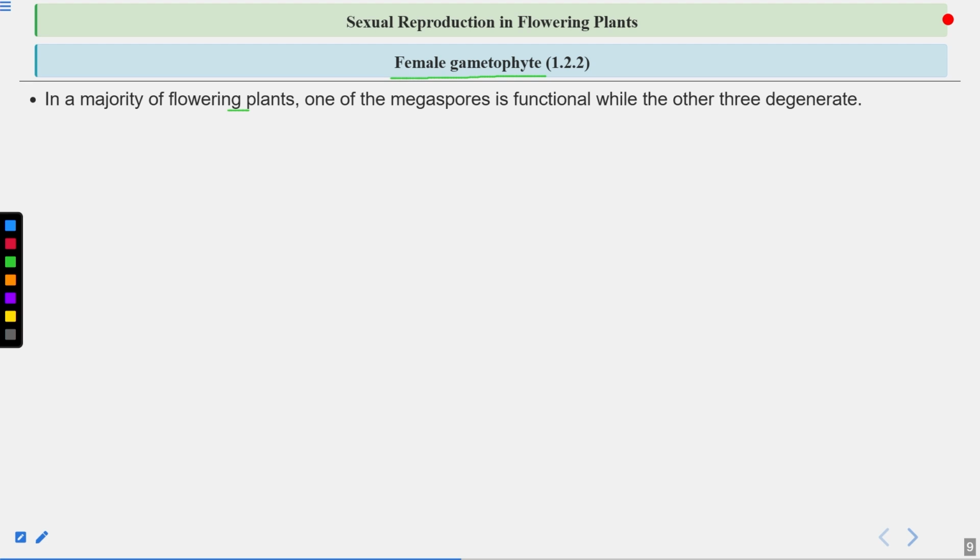What is the ploidy of this one functional megaspore? Can anyone tell me? N. Very, very good.